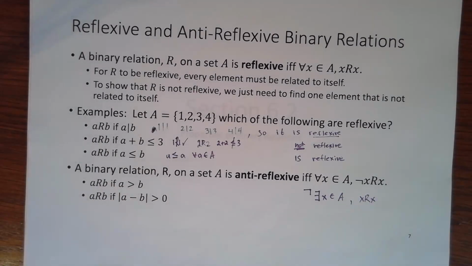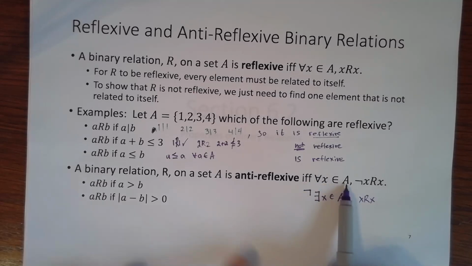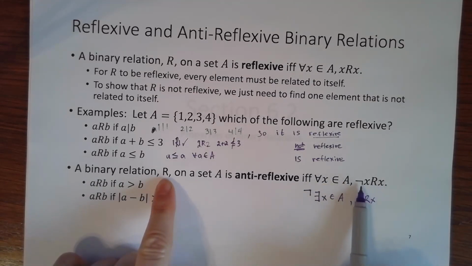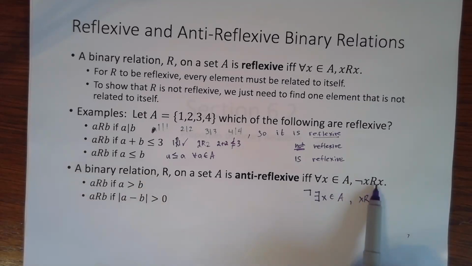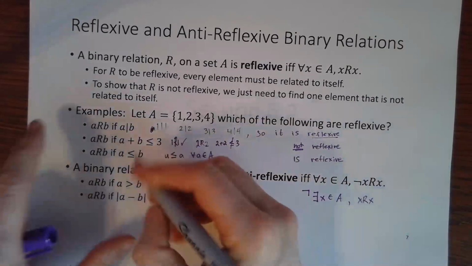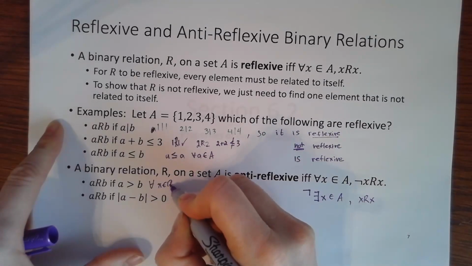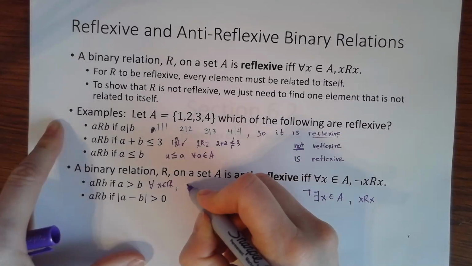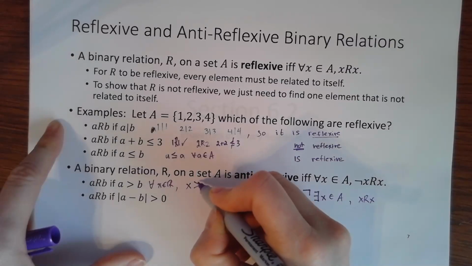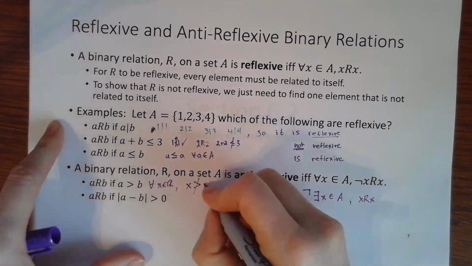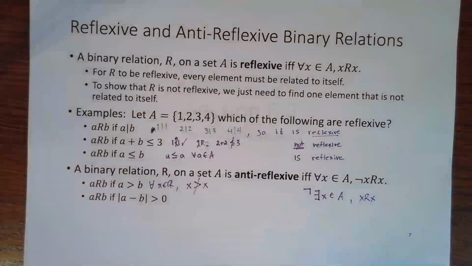For every element in the set of real numbers, there's no possible way for an element to be greater than itself. So for all x that are real numbers, x cannot be greater than x. So this one is anti-reflexive.